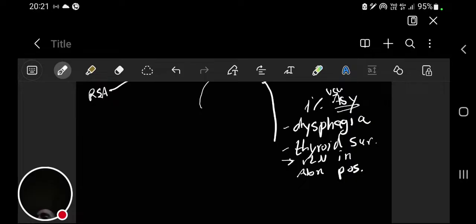Okay. Now, there is another variant, maybe the last variant we're going to talk about, which is the left vertebral origin from the aorta.